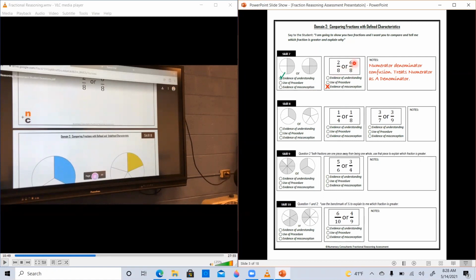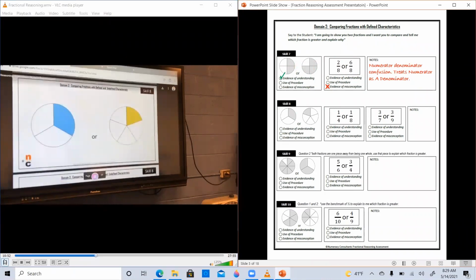He's viewing this in 6 and this in halves, right? And we know that halves are bigger than 6. So because he knows halves are bigger than 6, that's why he says 2/8 is bigger. So he has numerator denominator confusion, total normal thing. A lot of kids do that. And if you take a look, he did not transfer the knowledge from the visuals to the abstract.